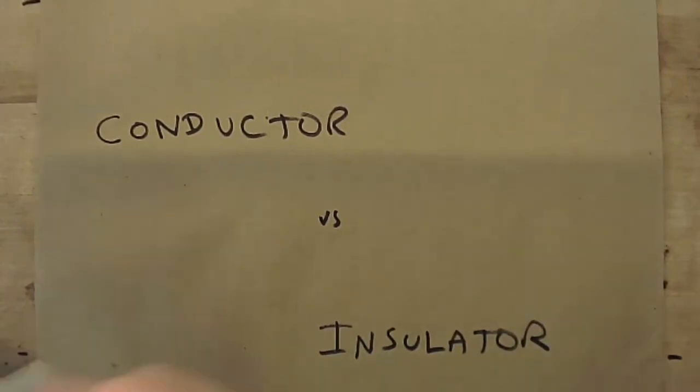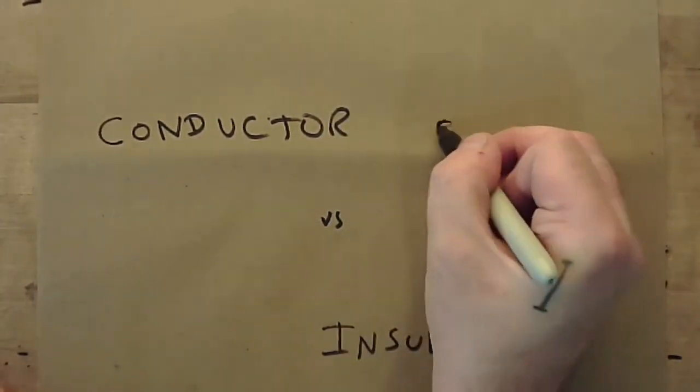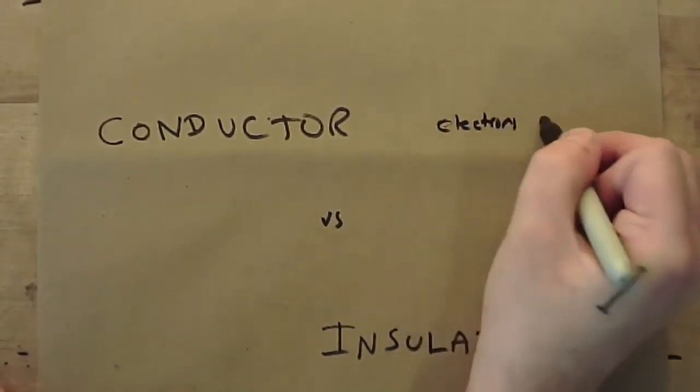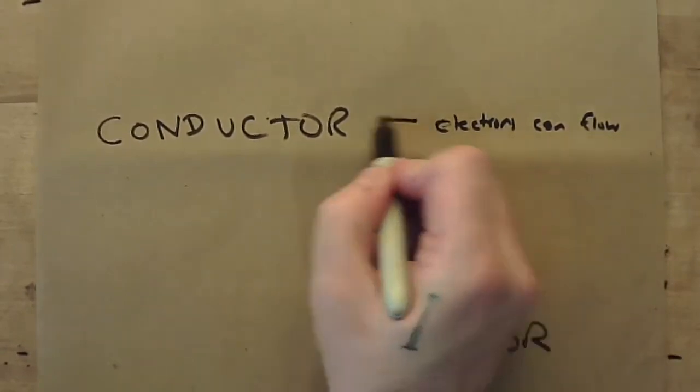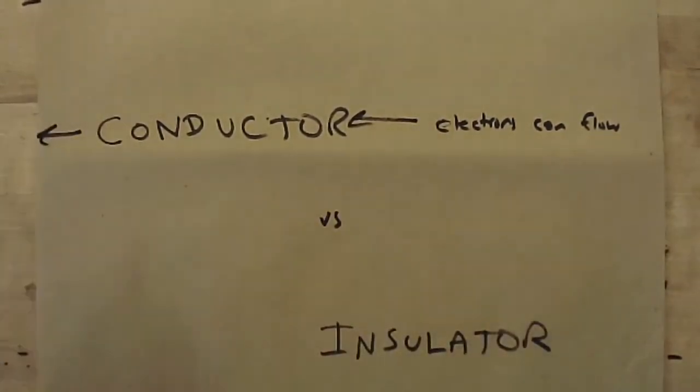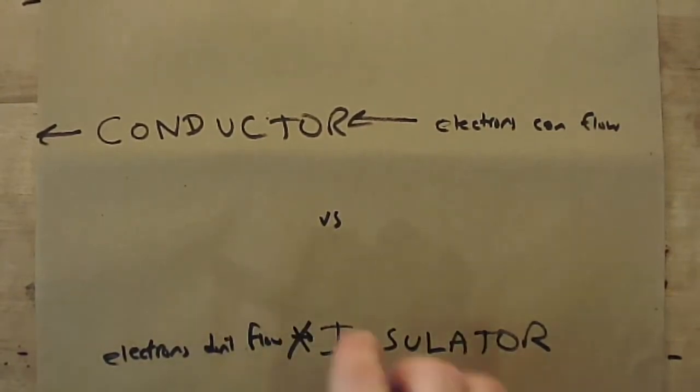So conductors allow current to flow through. So electrons can flow through a conductor. An insulator, electrons don't flow. They do not flow through an insulator.